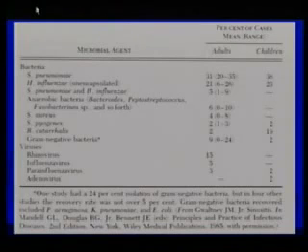When the slide was made, it had a different name, Branhamella, and sometimes gram-negative rod. So you see that the pneumococcus and H. flu are the biggies, possibly Moraxella catarrhalis.